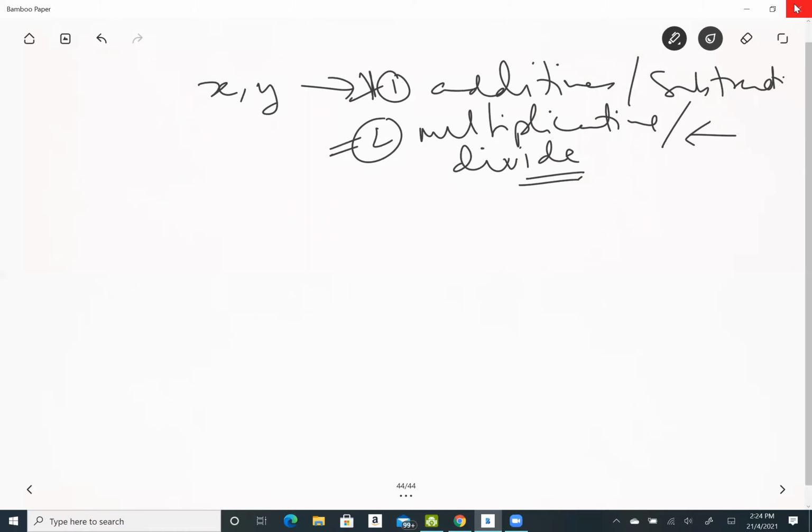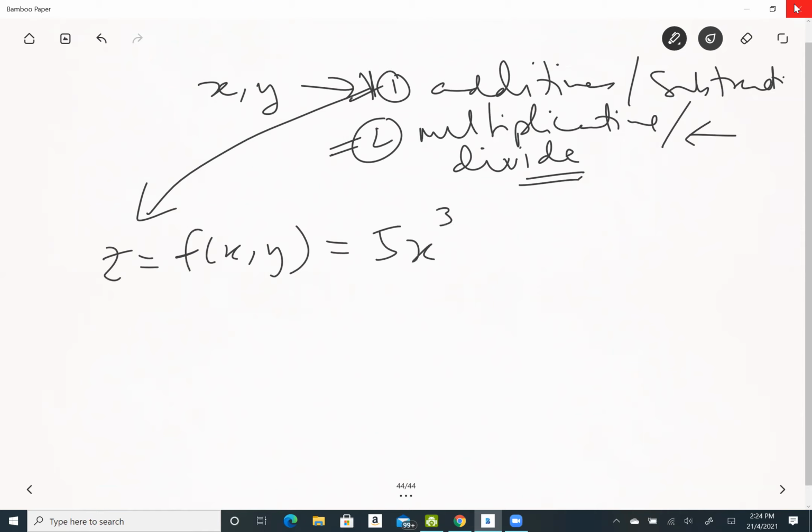Now, let's look at an example for the first one. Say you have z equal to f of x, y equal to 5x to the power of 3 minus 31 y to the power of negative half plus 70.